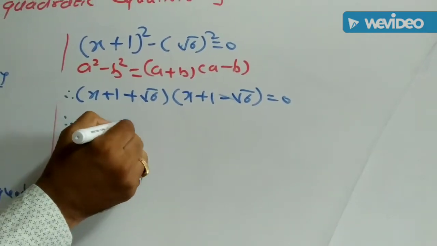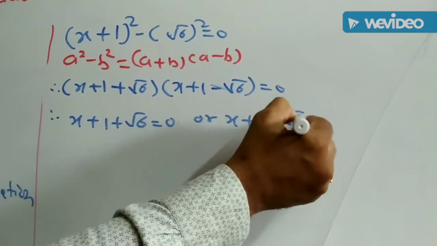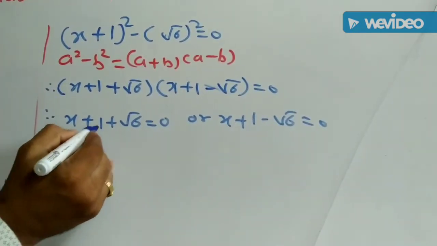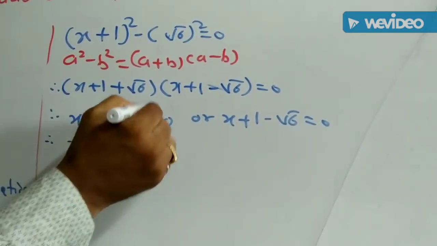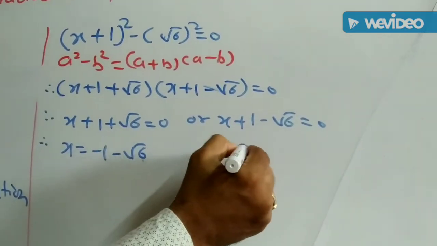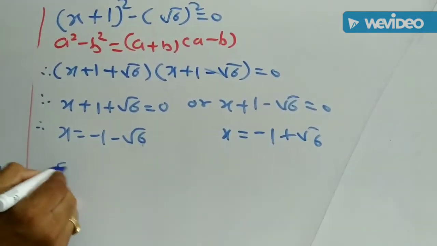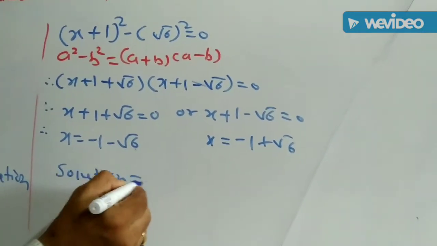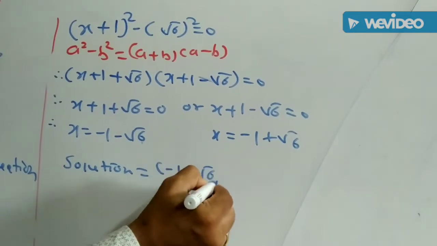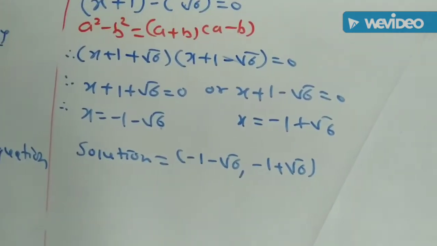Now x plus 1 plus root of 6 is equal to 0 or x plus 1 minus root of 6 is equal to 0. Now this plus gets converted to minus. Again, here plus gets converted to minus and minus gets converted to plus, and therefore the solution of the equation is minus 1 minus root of 6, minus 1 plus root of 6.